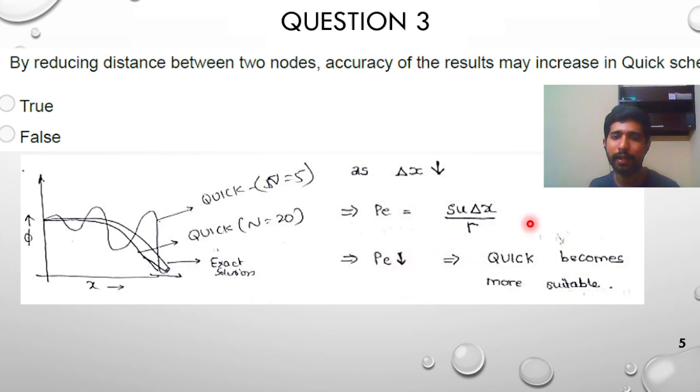That is what I had discussed. Even a central difference scheme will give you a better result. We had tested it with central difference in the coding part, not with QUICK. I had given QUICK as an assignment, so you can try yourself, and there also you will get the same nature of solution. That is why true should be the correct answer.